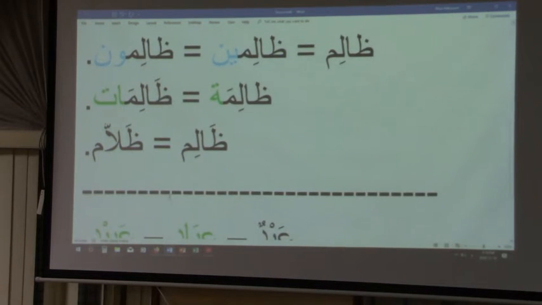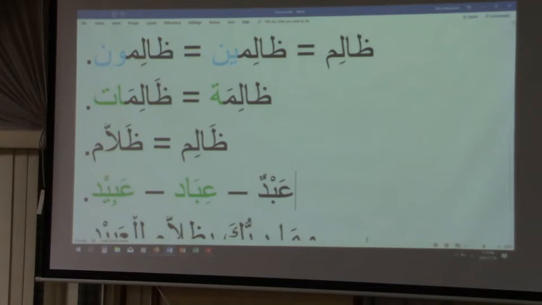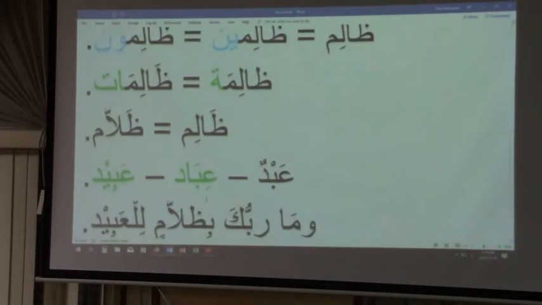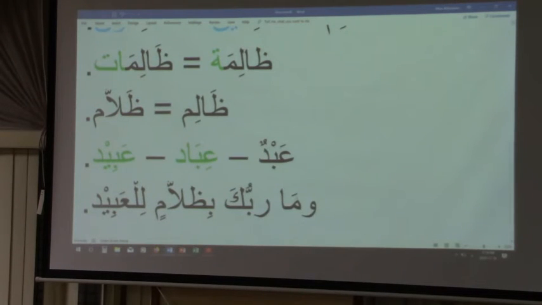Right. Then now we come to this. عبد, servant. Plural عباد and عبيد. Now look here. وما ربك, and your Lord is not بظلام للعبيد. He is not an oppressor for his servants.